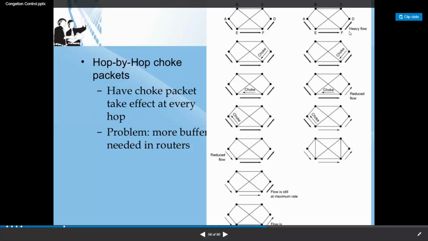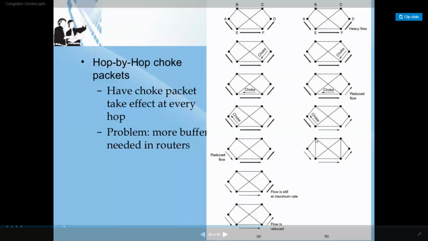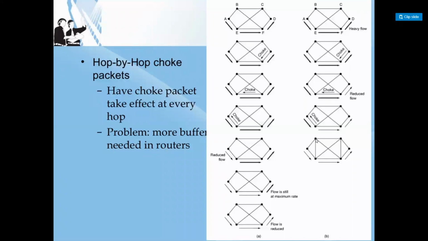Next, if there is again a heavy flow, the choke packet is sent back again. Okay. This is the way a choke packet is sent. Now, what is the advantage of hop by hop back pressure?